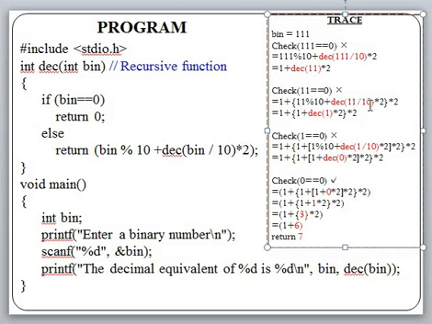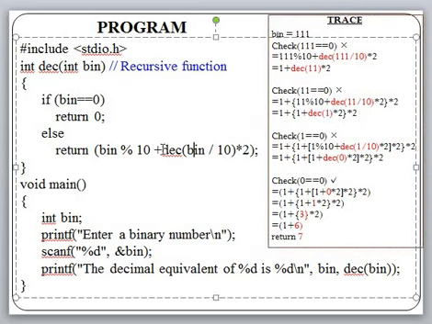Then 11 by 10 division: we know that 11 by 10 is 1.1, but 11 is an integer and 10 is also an integer, so the result in integer is again 1. Then it is multiplied by 2. So you can observe that the bin value right now is 1.